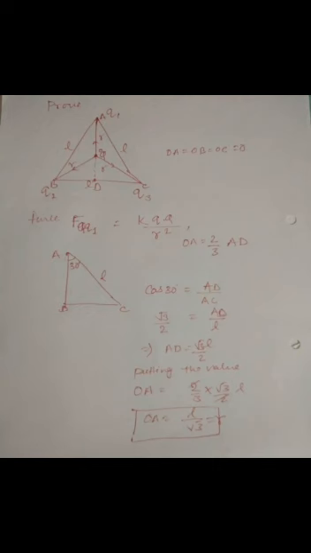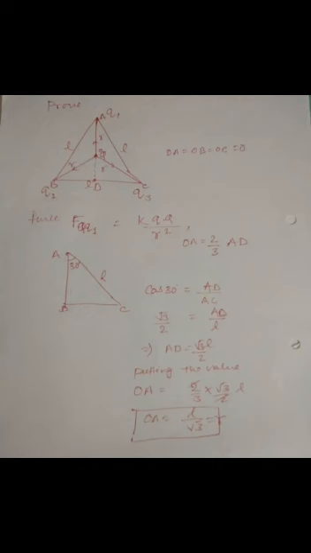So we have taken the angle 30 degrees. So cos 30, we know cos theta equals base upon hypotenuse. Base is AD and hypotenuse is AC.